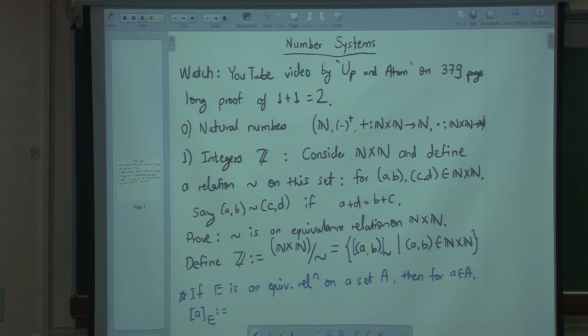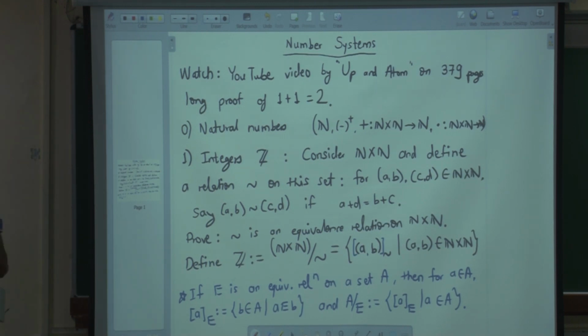This is the collection of all those b in A such that a is related to b, and A modulo E is defined to be the collection of all such equivalence classes of elements of A.